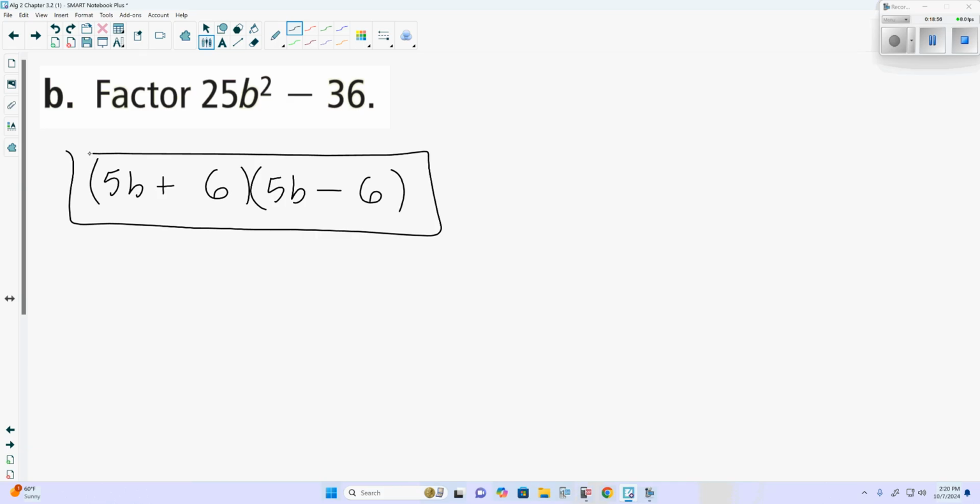Now, if it does look like it is in the form of a difference of perfect squares, but both terms aren't perfect squares, they're just off by a little bit, see if there's a greatest common factor. Because it's not uncommon for them to have a greatest common factor of 2, that once we factor it out, what we're left with is perfect squares, and we can factor from there.